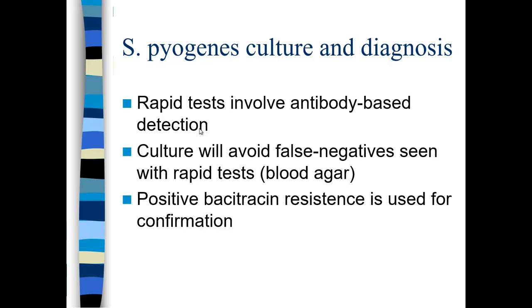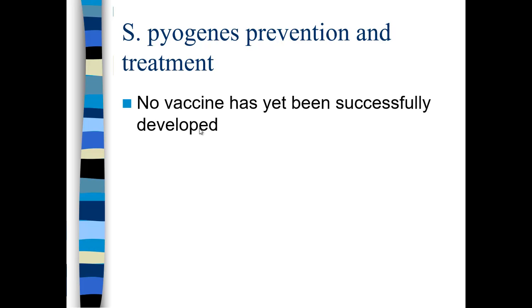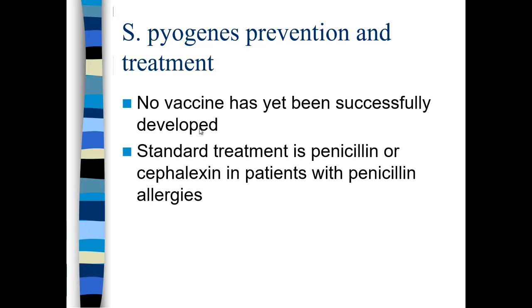So it actually grows closer to the disc because it is not susceptible to bacitracin. Prevention, again, because there are 80 different serotypes, it's very difficult to develop a vaccine. The standard treatment is with penicillin, cephalexin in patients with penicillin allergies.